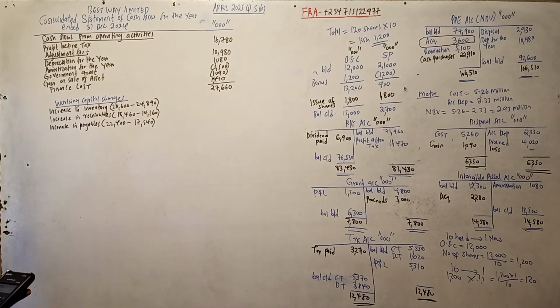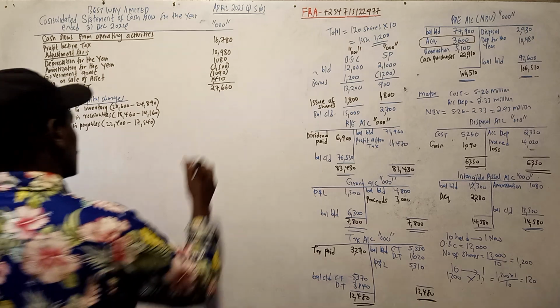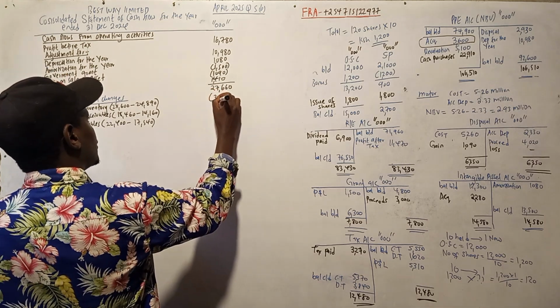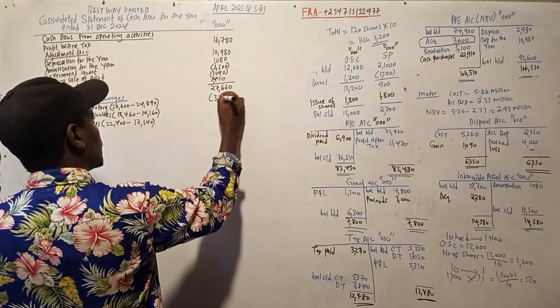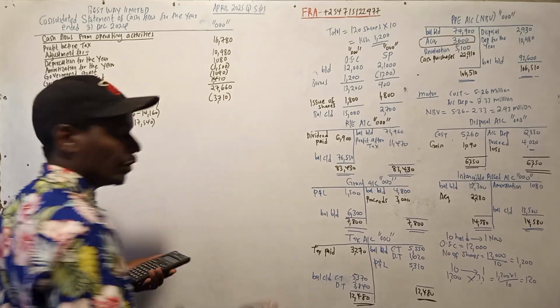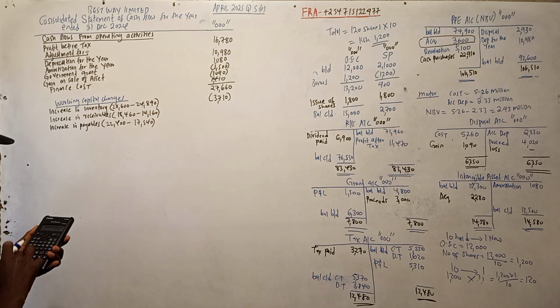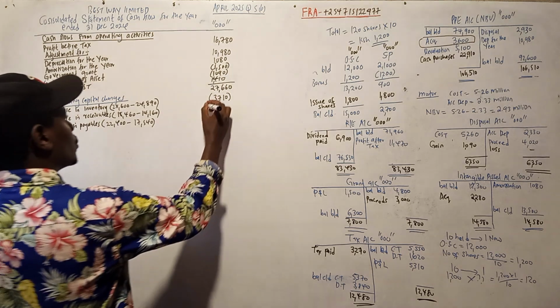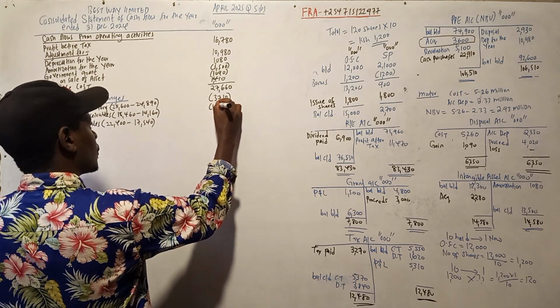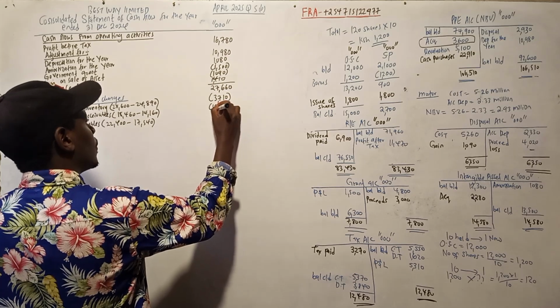So 28,600 minus 24,890. It's an increase, and an increase in an asset we deduct. So meaning they purchased more inventory. 18,460 minus 14,160, we also deduct, is 4,300.